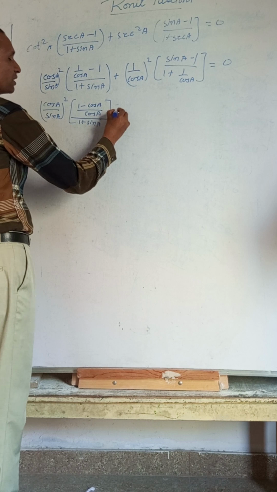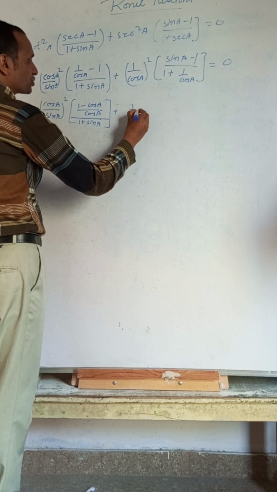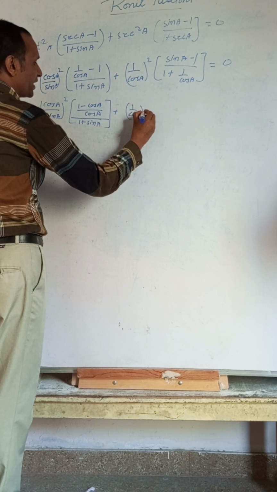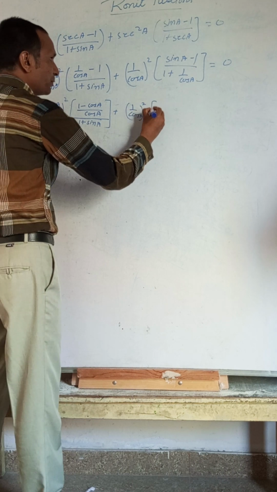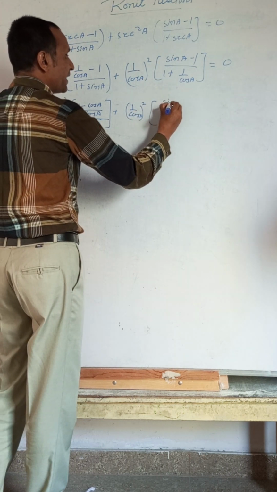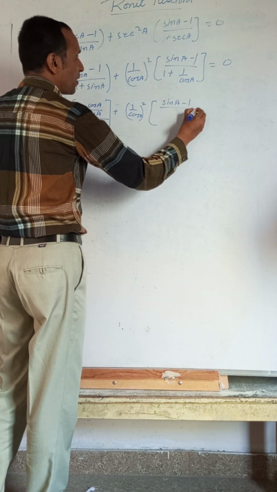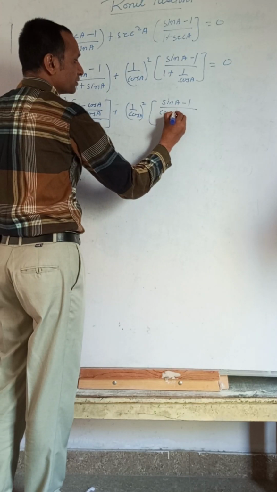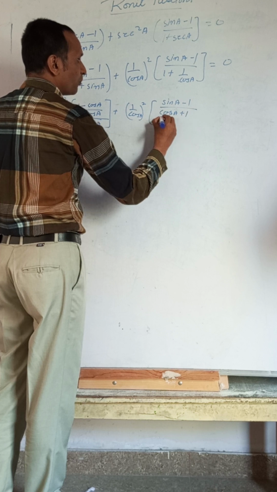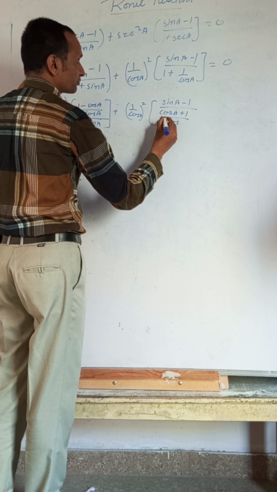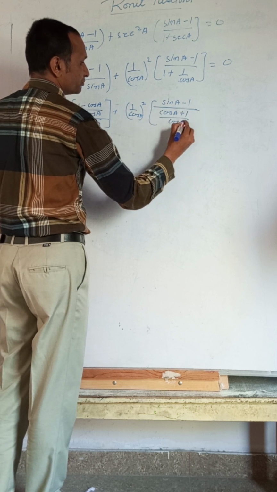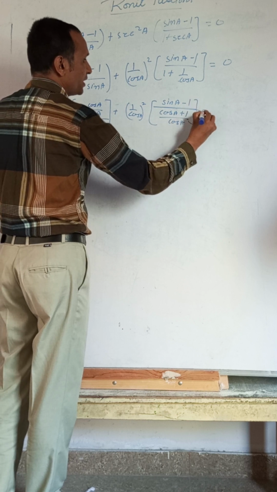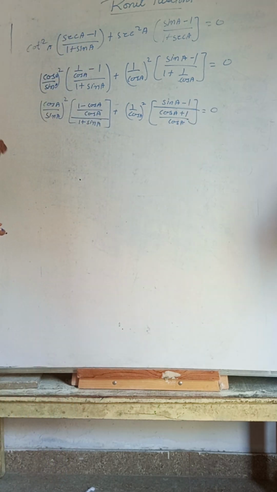Plus is there, plus kept. 1 by cos square, not changing anywhere. This one can be written the same way: sin A minus 1 by, taking the LCM, cos A plus 1 by cos A, is equal to 0.